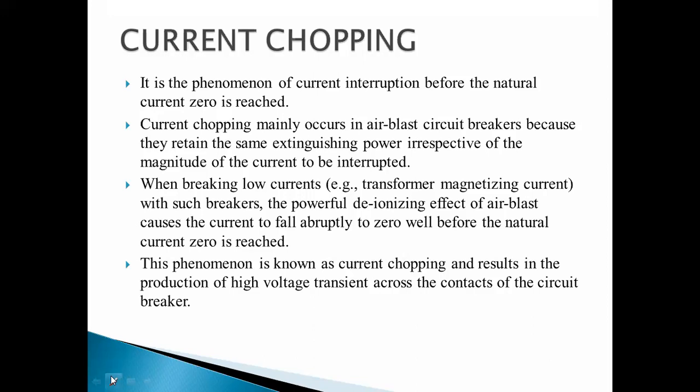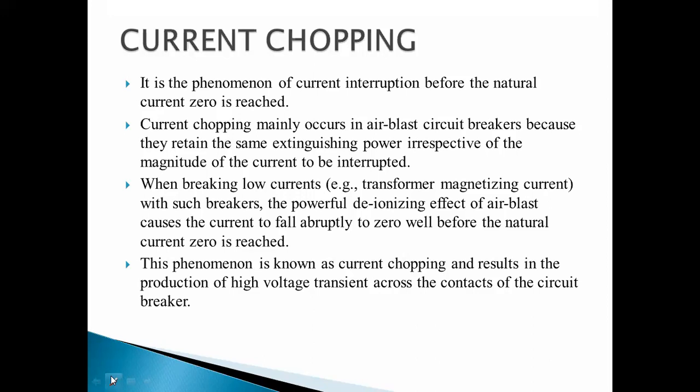So before point 0, the current becomes 0, and due to that the restriking voltage gets increased. That is the current chopping.